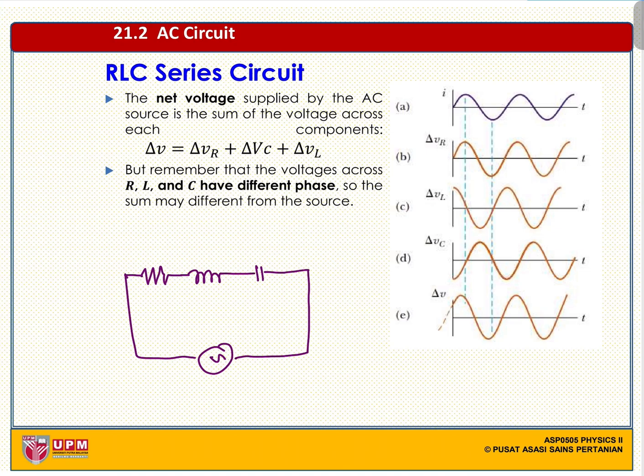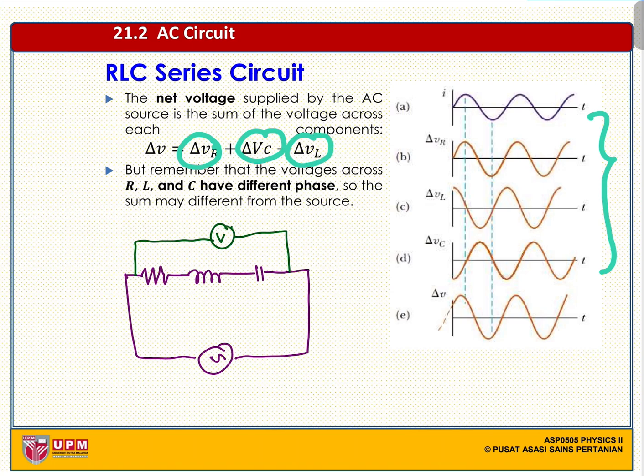So you ambil you punya voltmeter and sambungkan dekat hujung ni ke hujung ni. So this reading should be you adding up all these three of voltage. Kita tambah voltage across resistor, tambah dengan voltage across capacitor dan tambah dengan voltage across inductor.